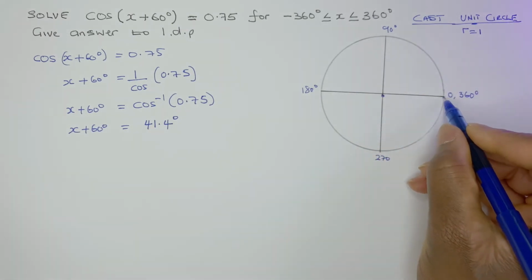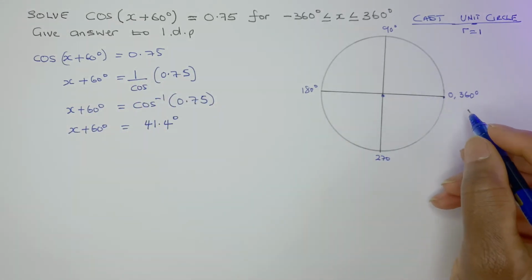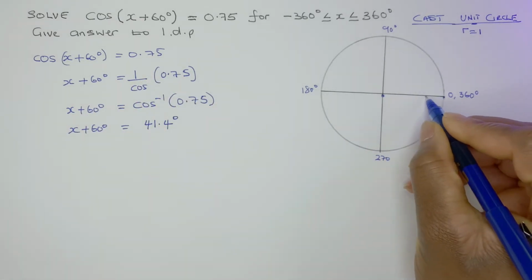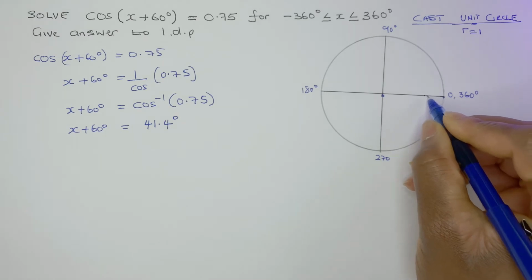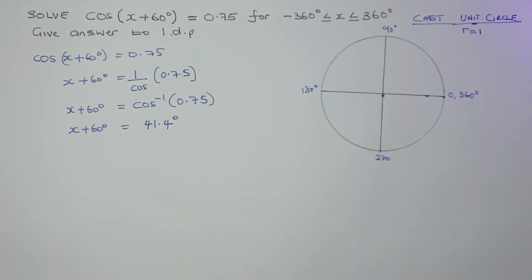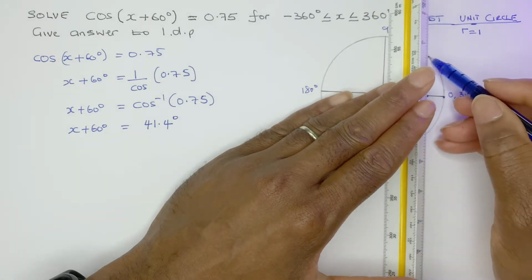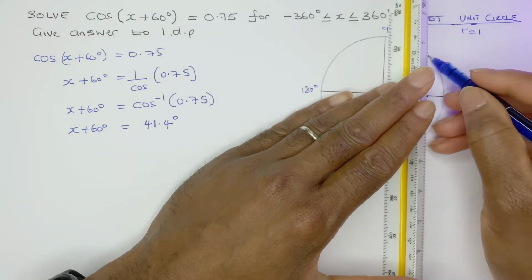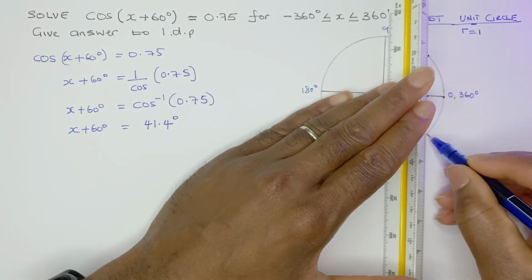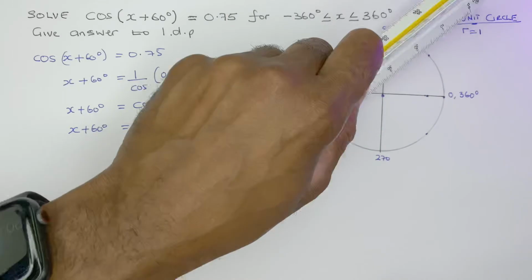If this is 1, we want 0.75. So 0.75 is about here, a quarter. 3/4 is 0.75, so that's a quarter from there. If I trace it up there, that will be the angle for 0.75.